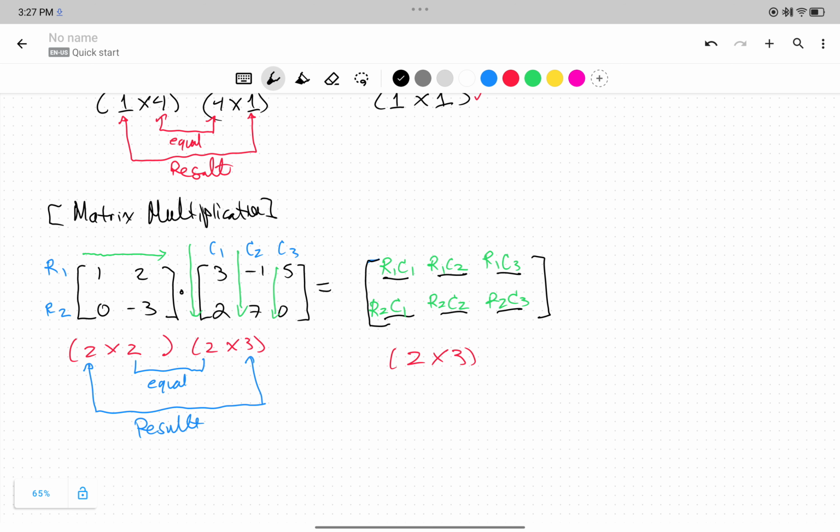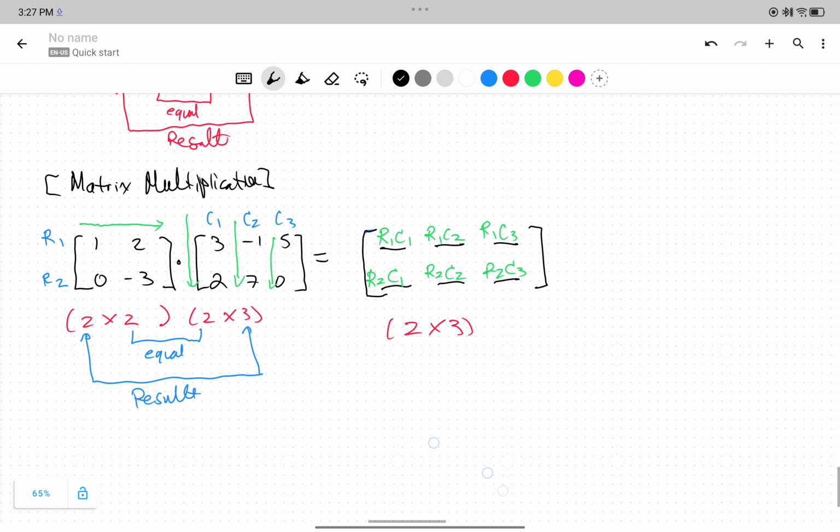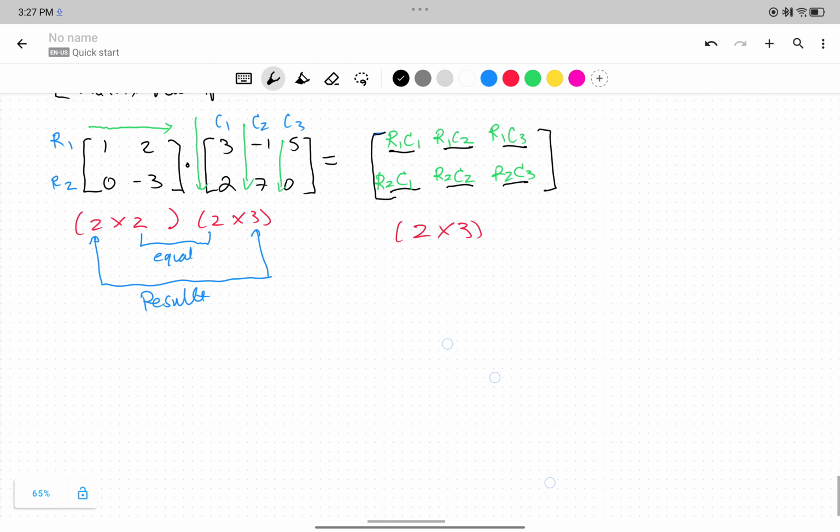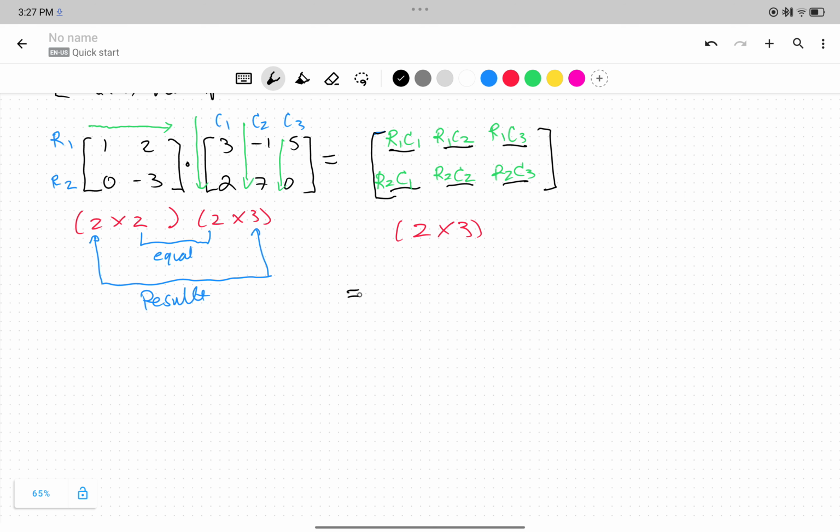So we just mapped it out so we know exactly what goes where. Now it's just time to do the calculations. All right, so when you do row 1 with column 1, let's use a different color.